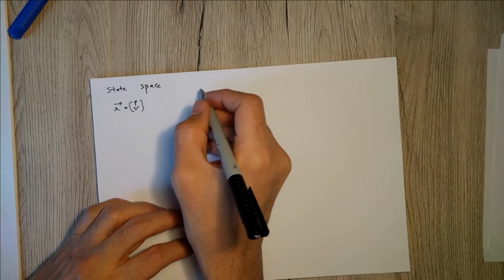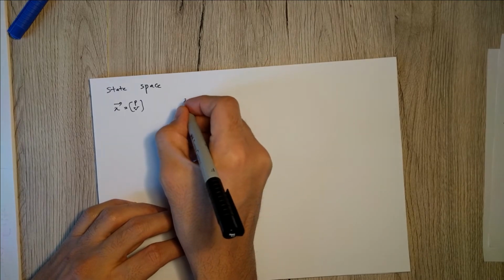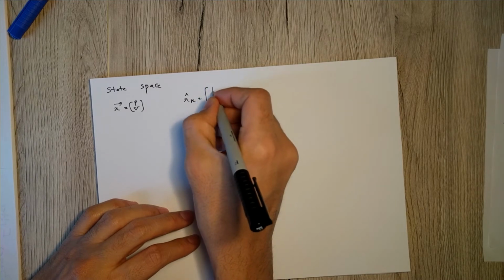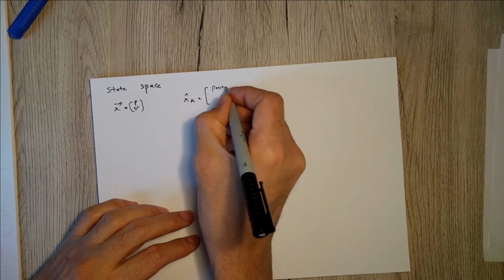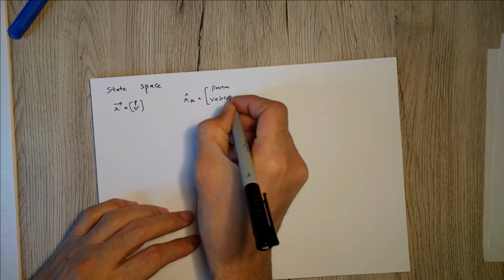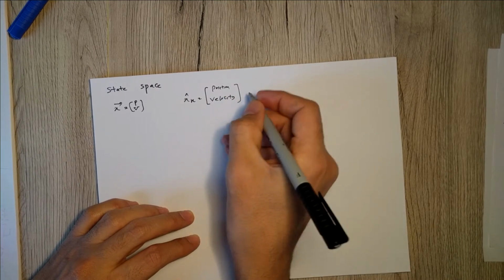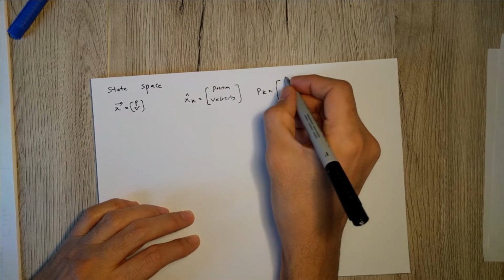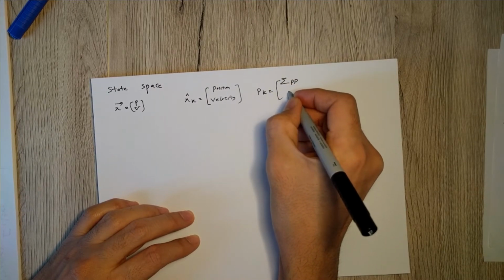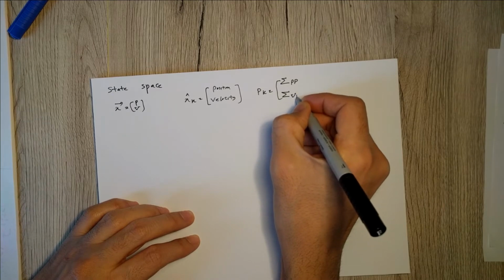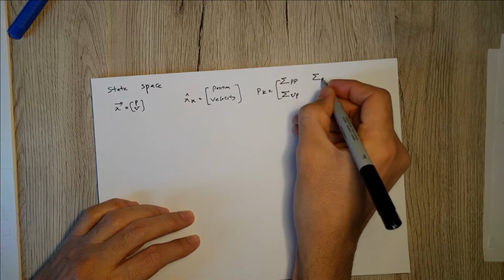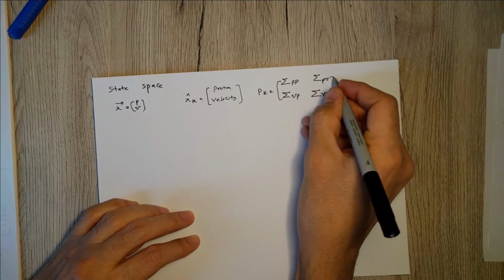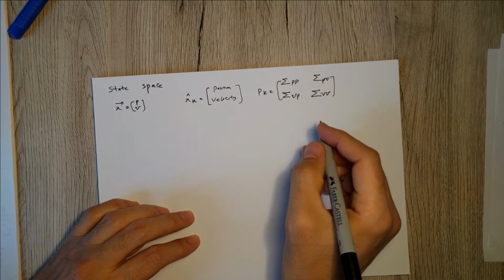If these two parameters are not related, let me just write down the state, and this is my covariance matrix. As you can see, this matrix is symmetric, so it's equal to its transpose.